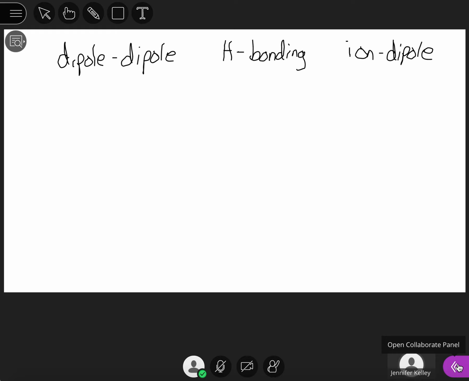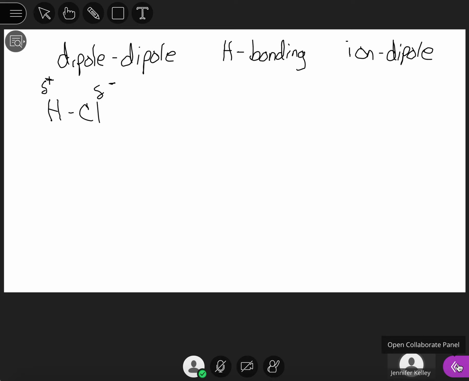So dipole just means you have polar molecules and they're orienting each other based on their polarity. So if I had HCl, like this, this is going to be partially positive, this is going to be partially negative.